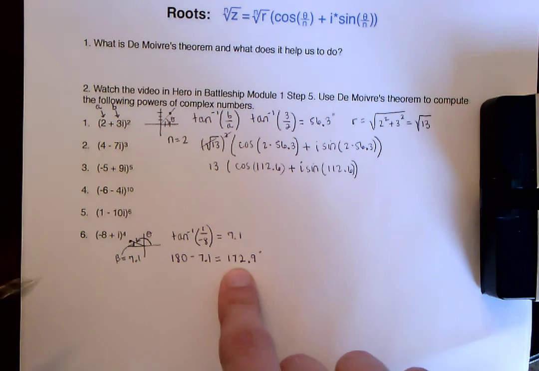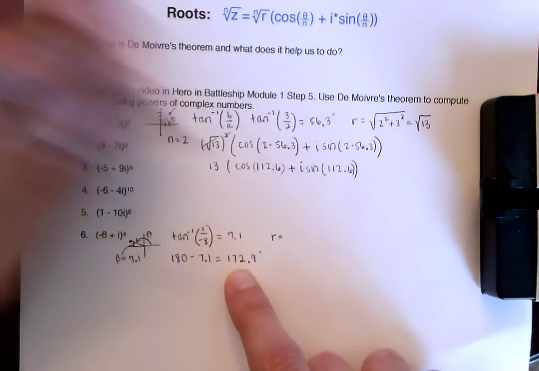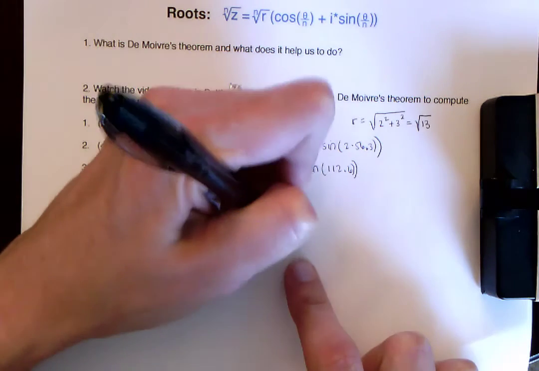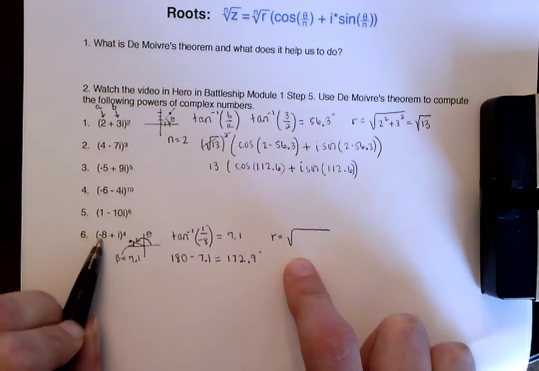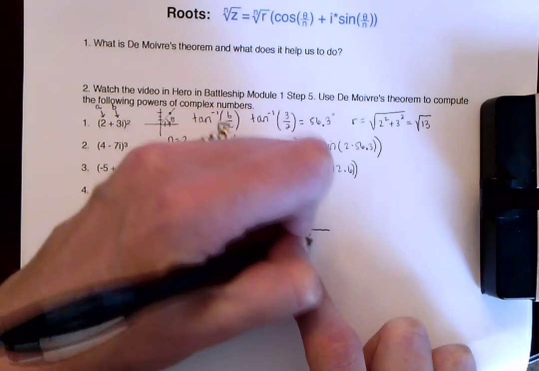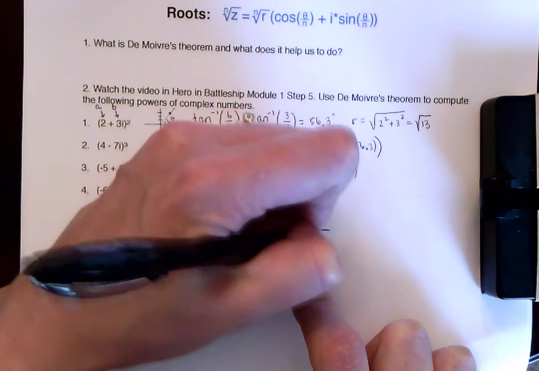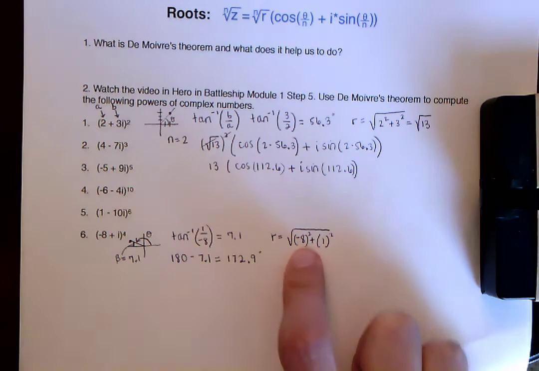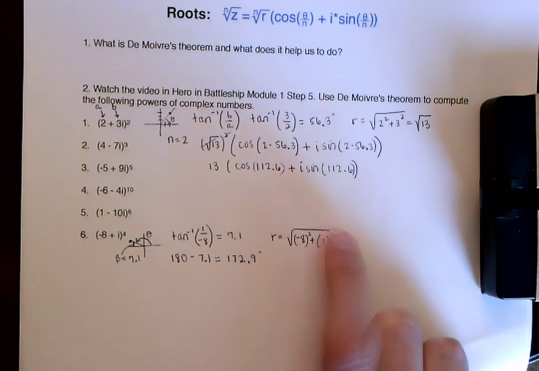Okay? So now I'm ready, other than finding my radius here. Let's do that real quick. Remember, it's the square root of a squared plus b squared. That's 64, because that's -8 times -8, that's positive 64, and plus 1, because 1 times 1 is 1.